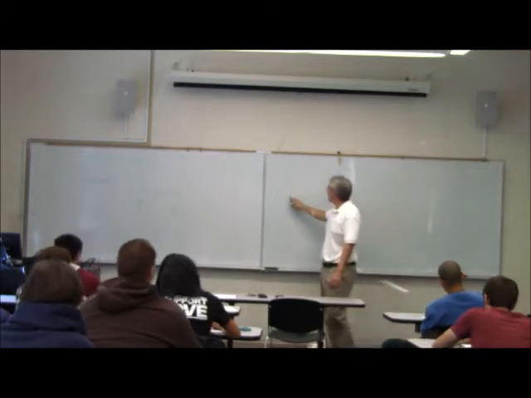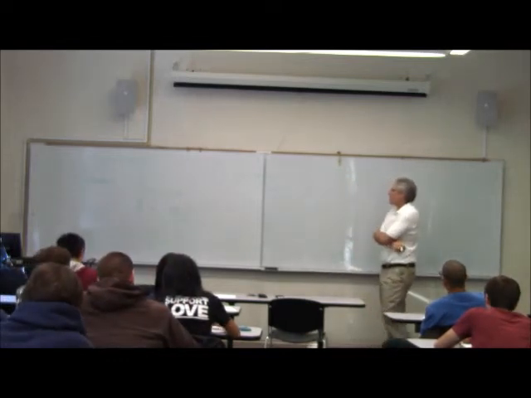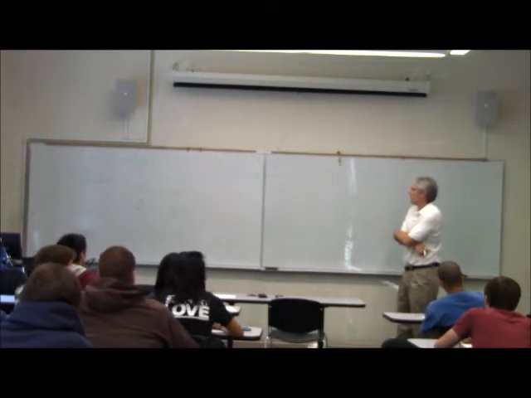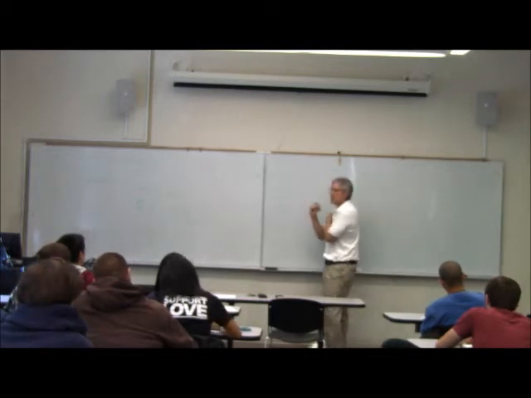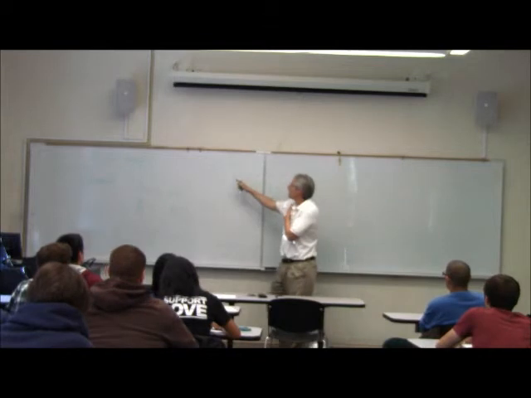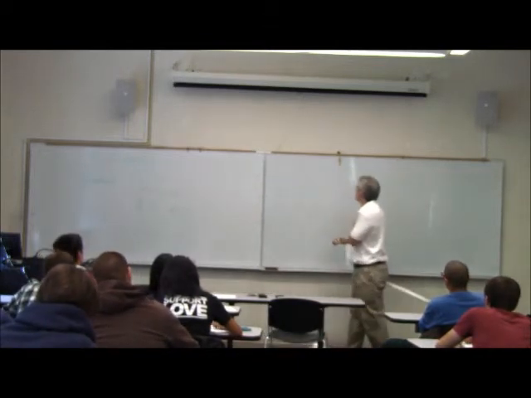And the problem that we try to solve in variational calculus is how do we find x of t that will satisfy these end conditions and will minimize this I. Okay, so that's the goal in variational calculus.